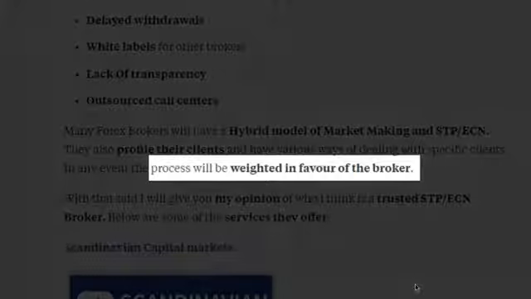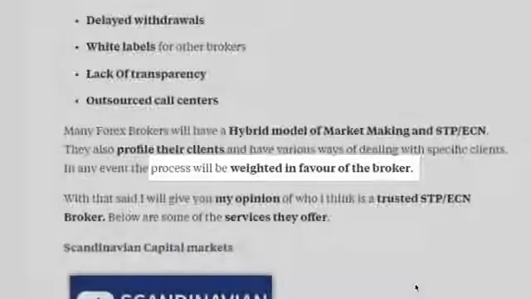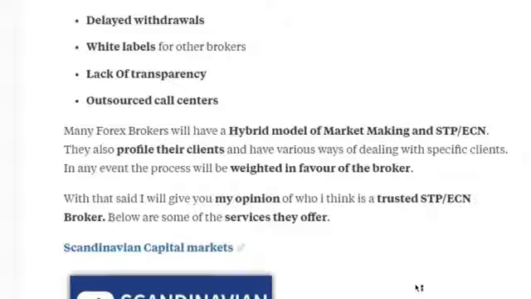So in any event, they look at the various types of traders, and the process is then weighted in their favor so that they will come out 80 to 90% of the time, if not higher, to make money.